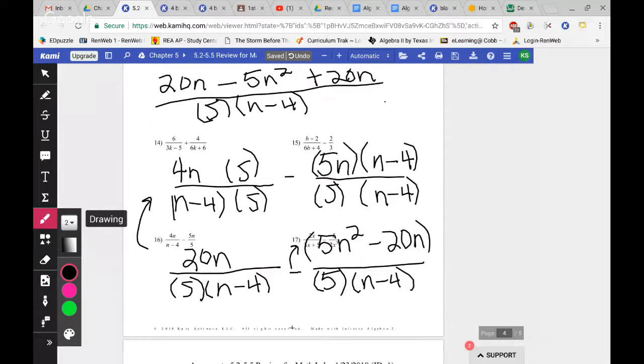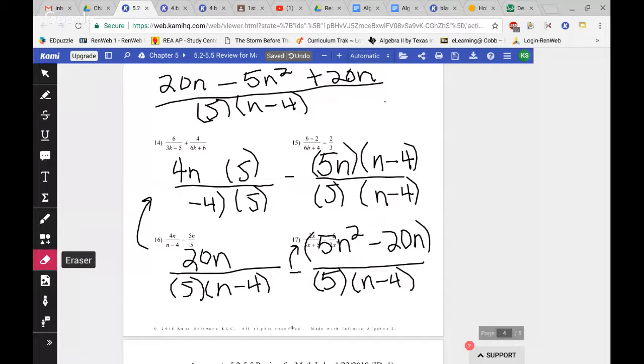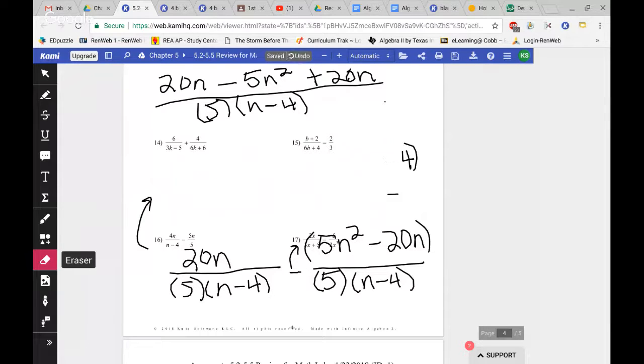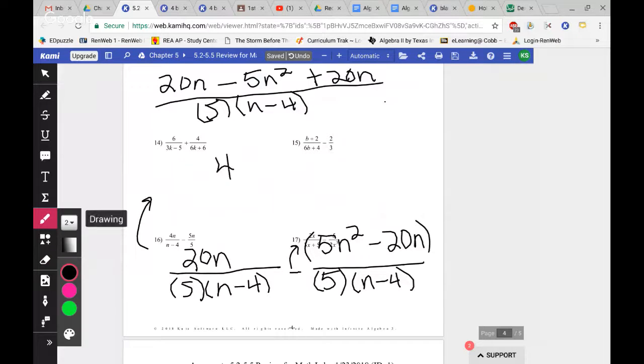And so now when I combine like terms, I have 20n plus 20n. I hope that's okay that I'm erasing that, guys. So that's giving me 40n minus 5n squared all over 5 times n minus 4.